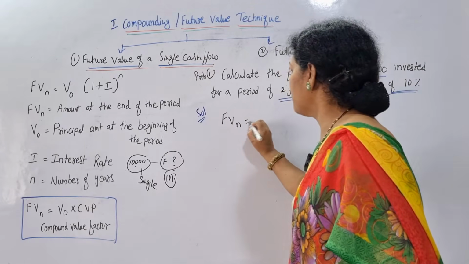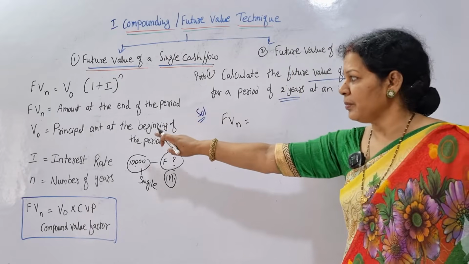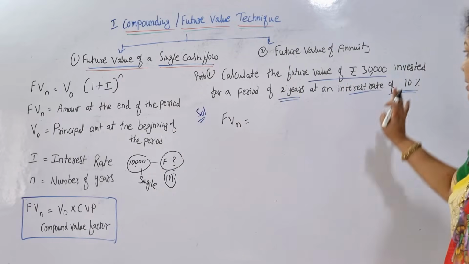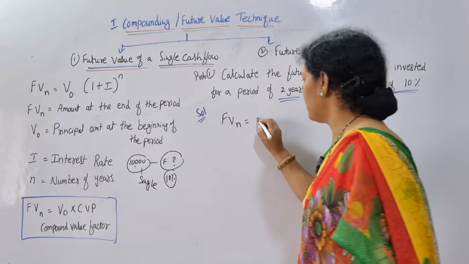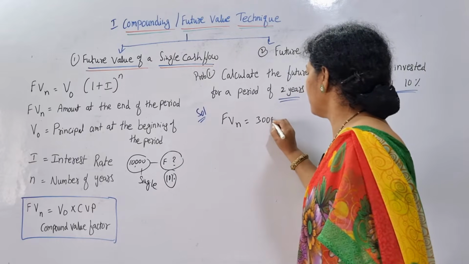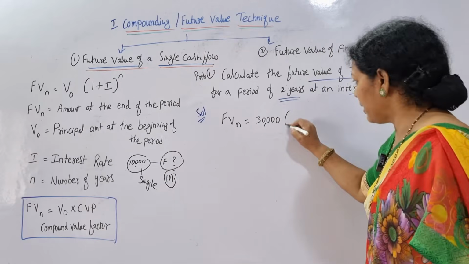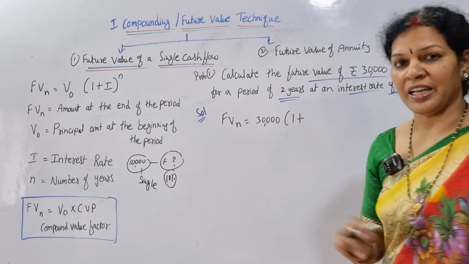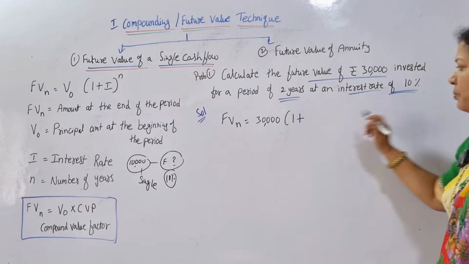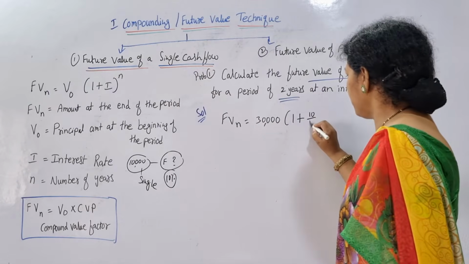FVn is equal to V0. V0 is the principal amount at the beginning of the period, that is 30,000. In brackets, 1 plus i, the interest rate. How much is the interest rate? 10%, that is 10 by 100.